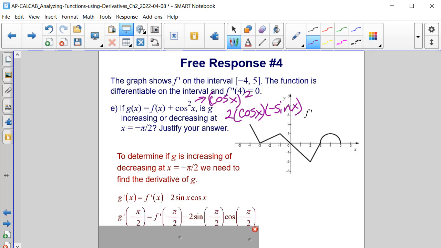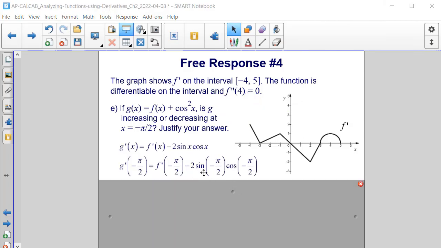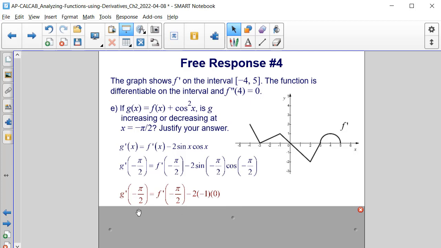And now from here, we can evaluate it at -pi/2. It's going to be the same as f prime of -pi/2 minus 2 times the sine of -pi/2 times the cosine of -pi/2. Continuing to evaluate, g prime of -pi/2 is equal to f prime of -pi/2 minus 2 times the sine of -pi/2, which is -1, times the cosine of -pi/2, which is 0.